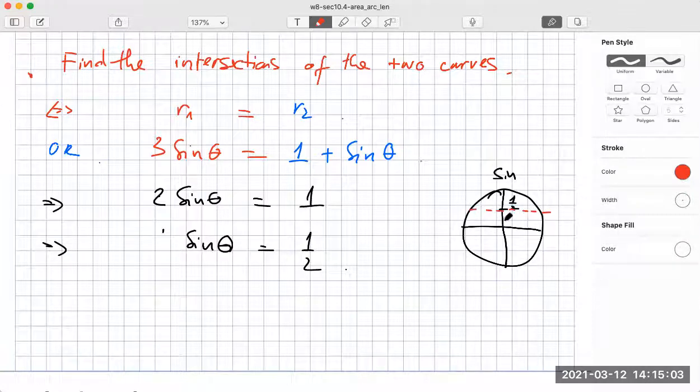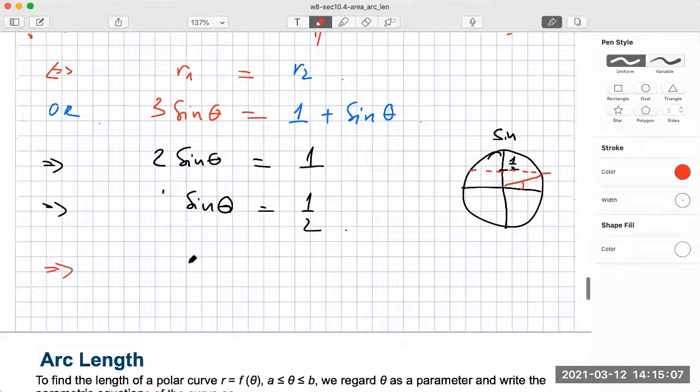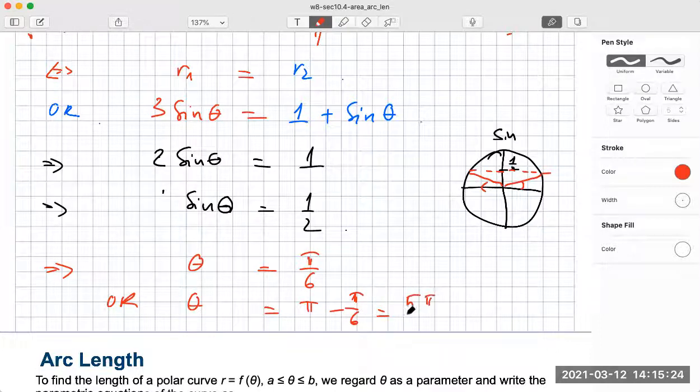And remember this, theta will be the angle pi over 6, or theta should be pi minus pi over 6, which is 5 pi over 6. Okay, that is fine.